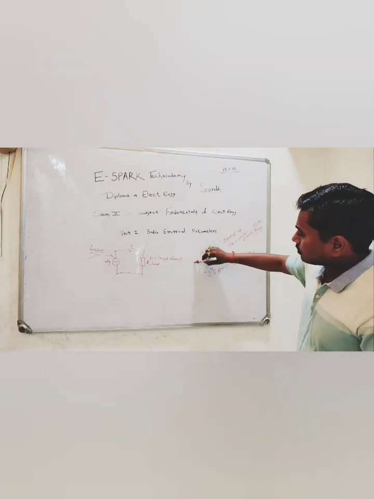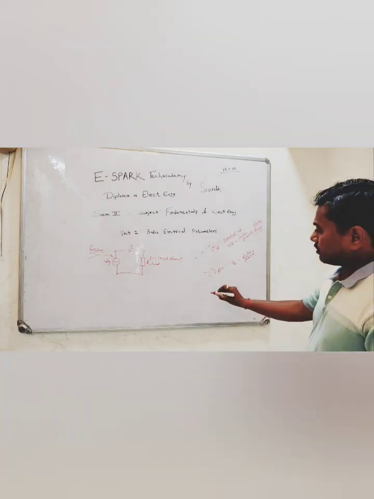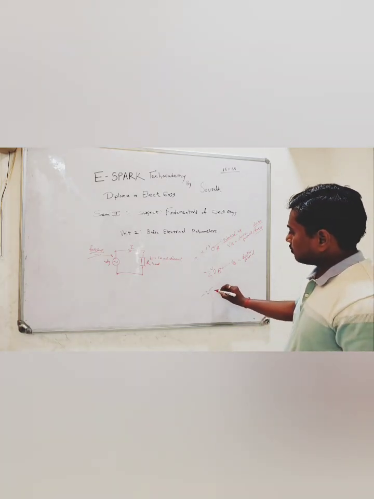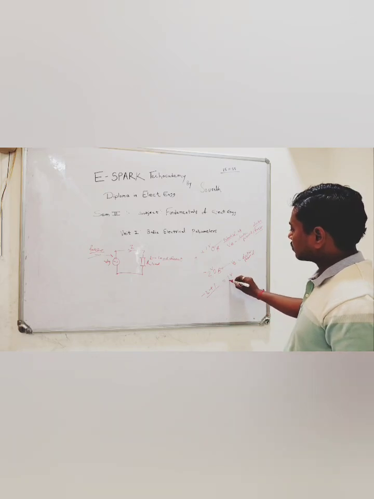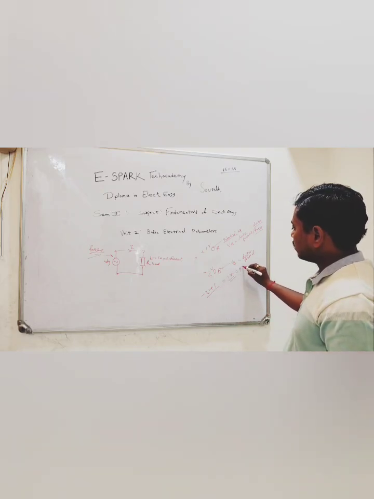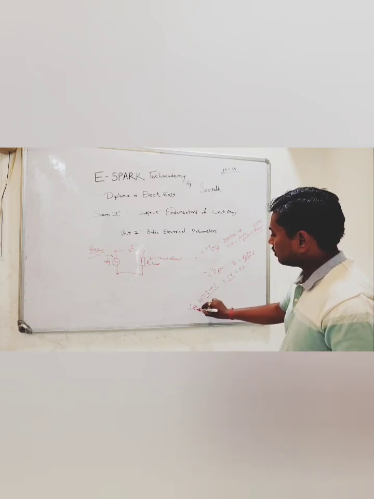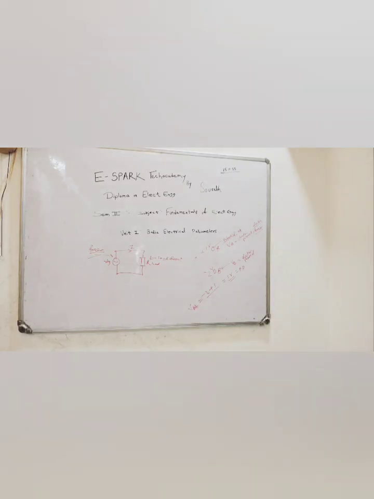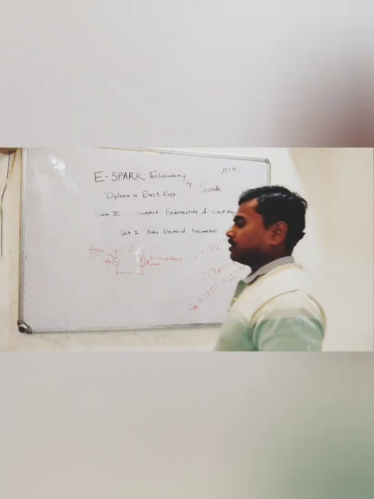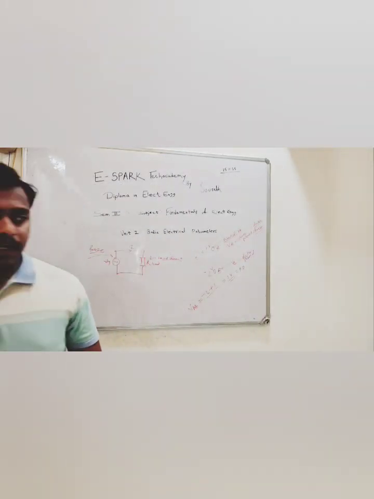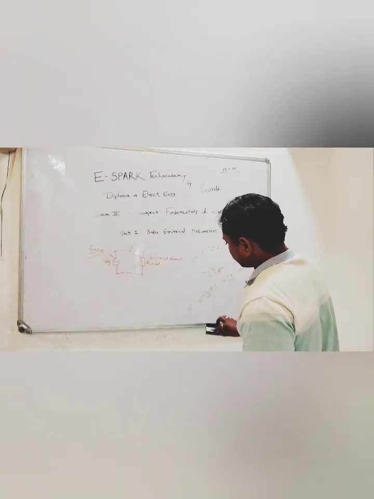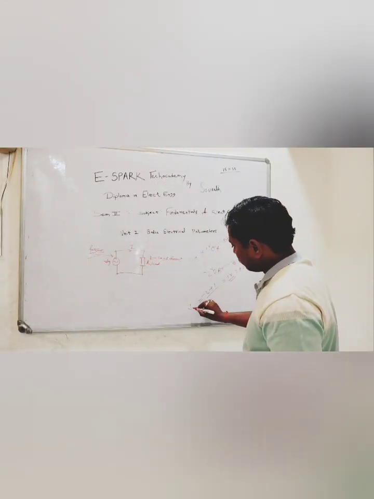When you go through Kirchhoff's voltage law, KVL, you get minus 2 plus 1 equals minus 1 volt, the potential difference between A and B, or you can simply say VBA, because we are subtracting VB minus VA.